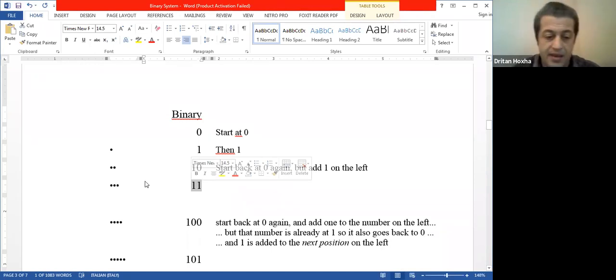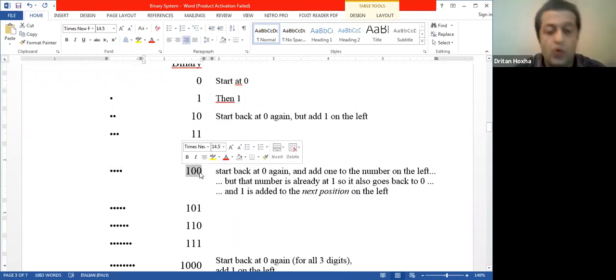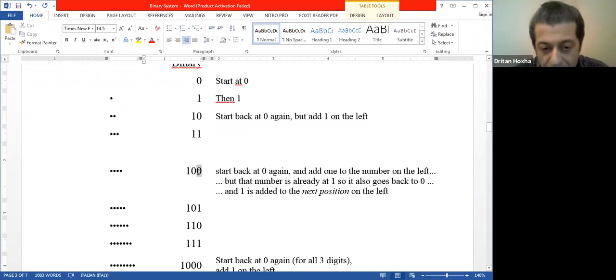So if we want to write the number 4 in the binary system, we have 0 ones, 0 twos, and 1 four, because the third position starting from the right is the position of 4s. The first position is the position of 1s.